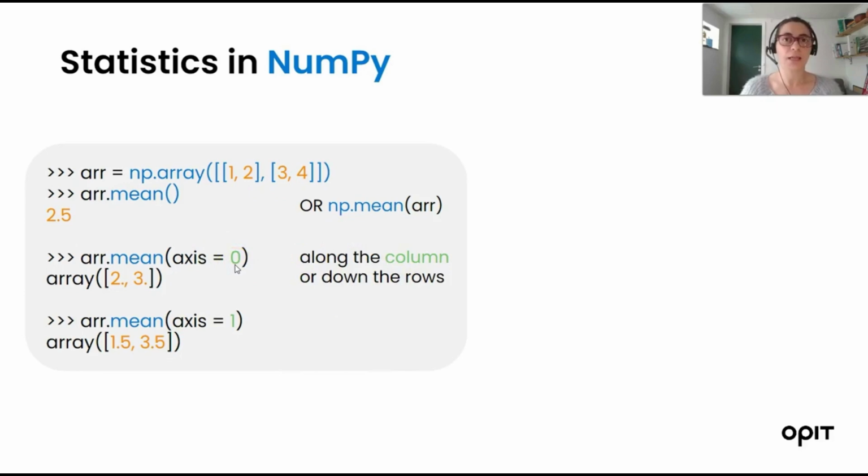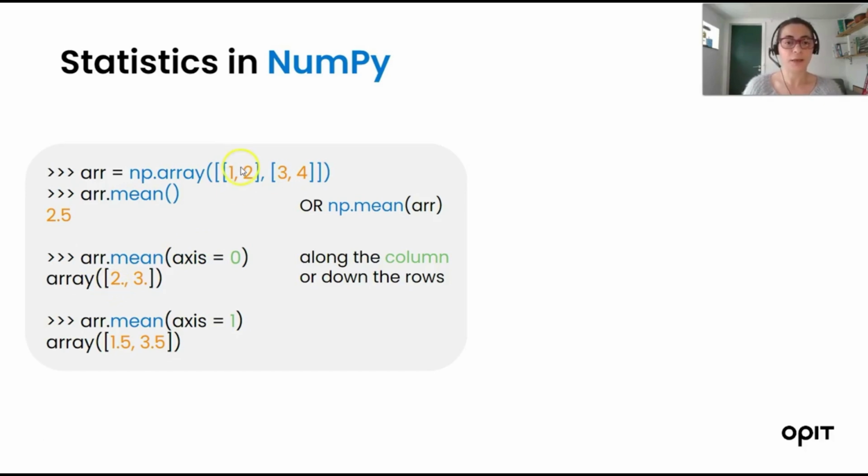Remember that in a previous lesson we said that the column axis is sometimes conventionally given by the number 1. That is a convention. In NumPy, when we want to specify that we want the computation to happen along the column or down the rows, then we have to give the axis value 0. So here we take the mean of the elements on the same column, and the result is added in a new array of one dimension less than the initial array, and in the same index as the index of the column along which the computation was performed.